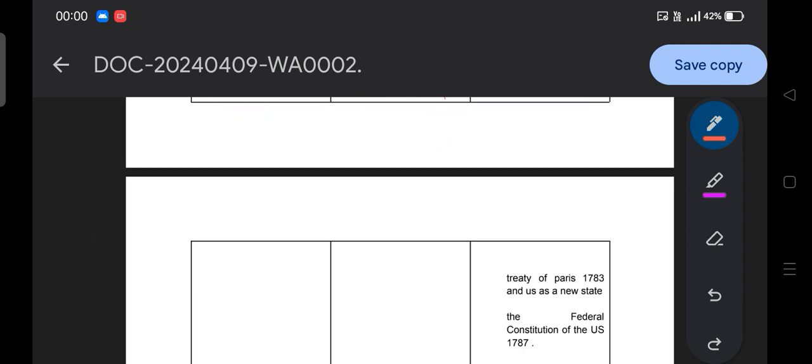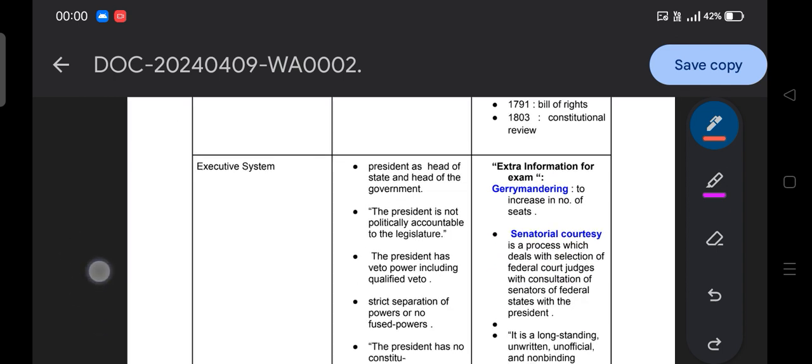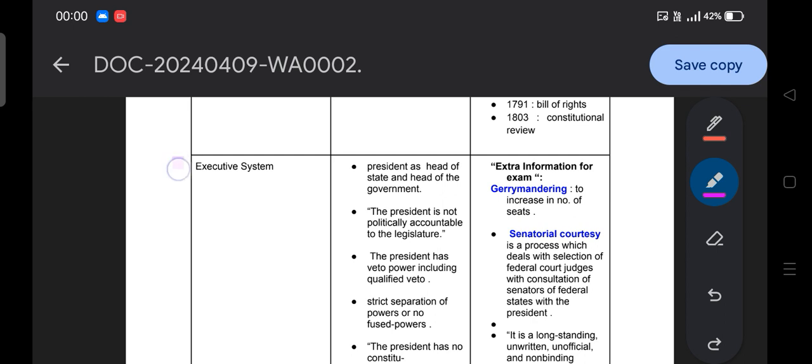Then I will switch to the executive systems. The president is the head of the state and head of the government, but in our case the president is the head of the state, but the prime minister is the head of the government. So there are two kinds of executive we will find: one is the nominal and another one is the real.